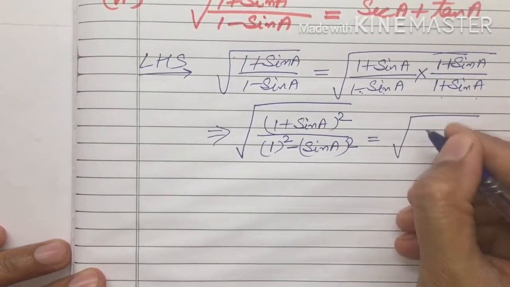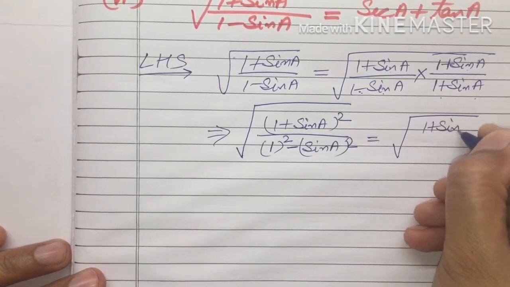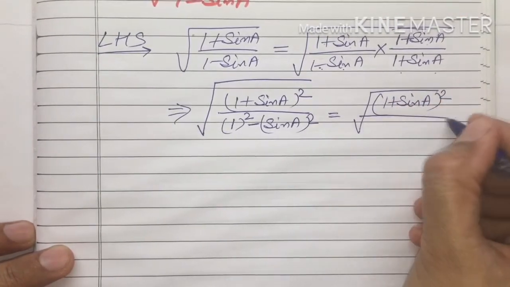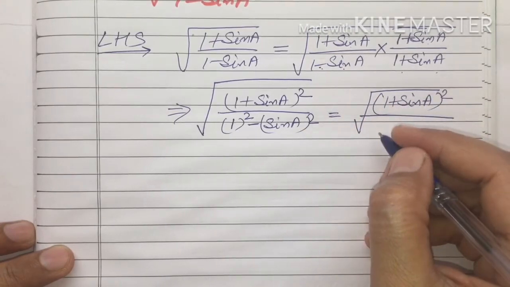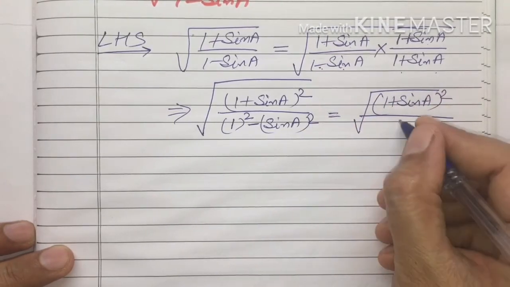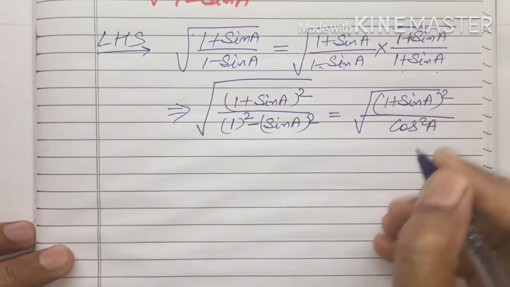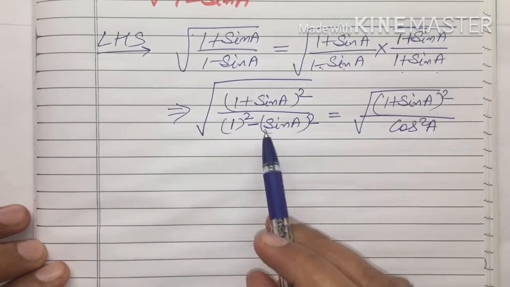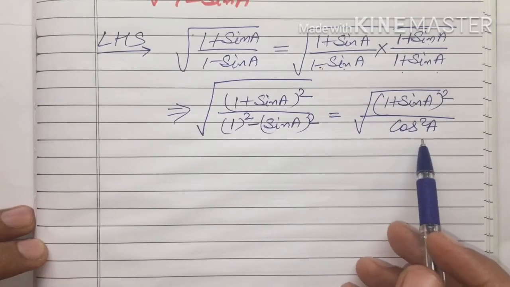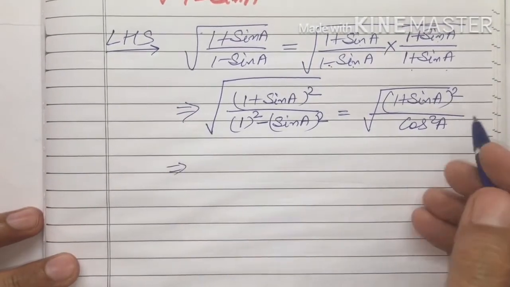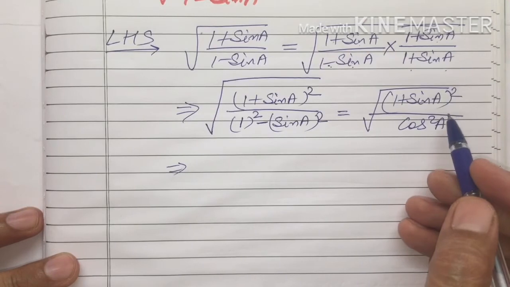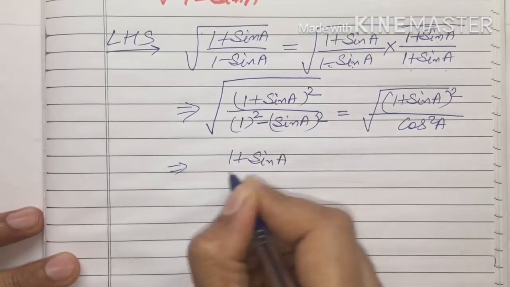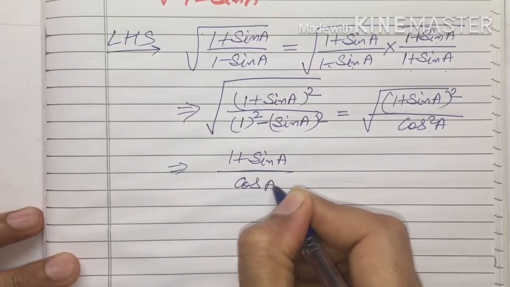So it will be root of 1 plus sine A whole square upon 1 minus sine square A, which means cos square A. As we know the identity sine square A plus cos square A is equal to 1, so 1 minus sine square A is equal to cos square A. Both squares are there, so the root will be cancelled by the square. So 1 plus sine A upon cos A.